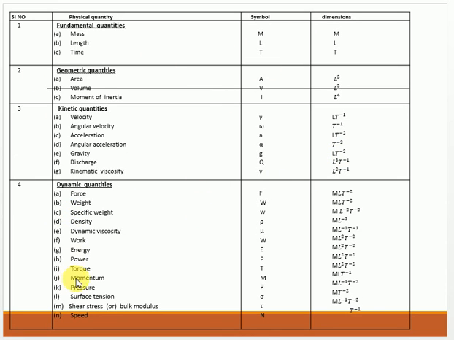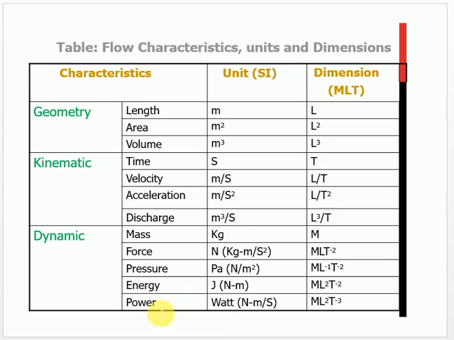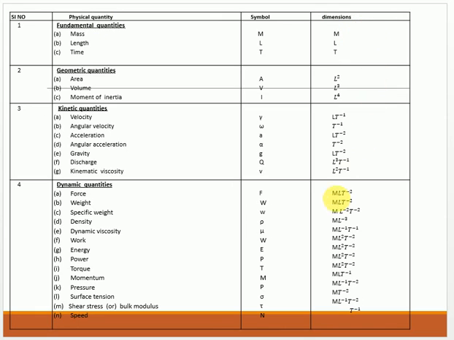For example, if you come across power, you know the unit of power is watts. Watts is Newton meter per second, so force into velocity. For force we have derived it, and meter per second too. If you simplify all those things, we get M L power 2 T power minus 3. It's like work done. Okay, so thank you guys.